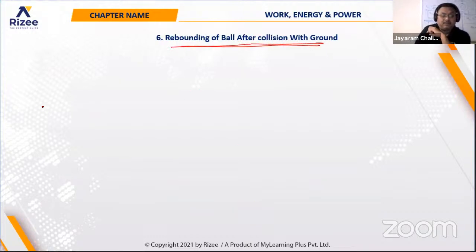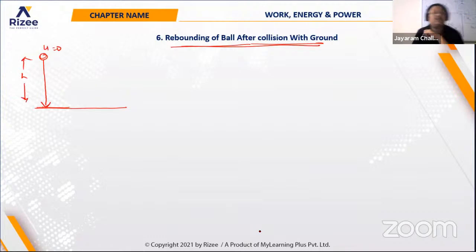So that means the balls are being allowed to fall from a certain height. Let the body be allowed to fall onto the ground from a height h, where its initial velocity u is equal to 0. Since it falls onto the ground, it hits the surface and rebounds to a certain height.